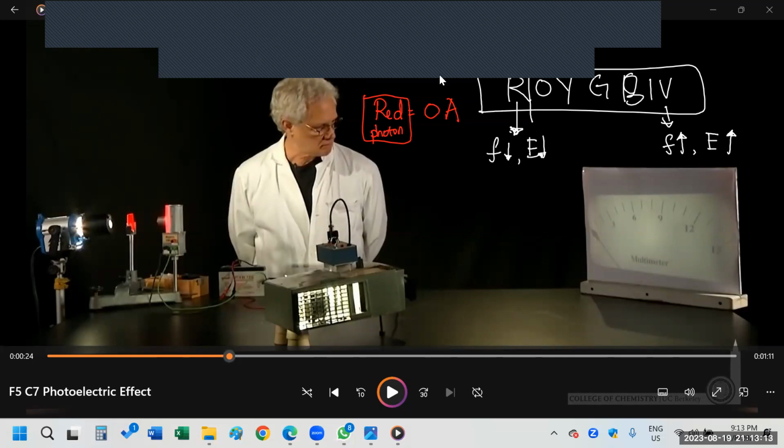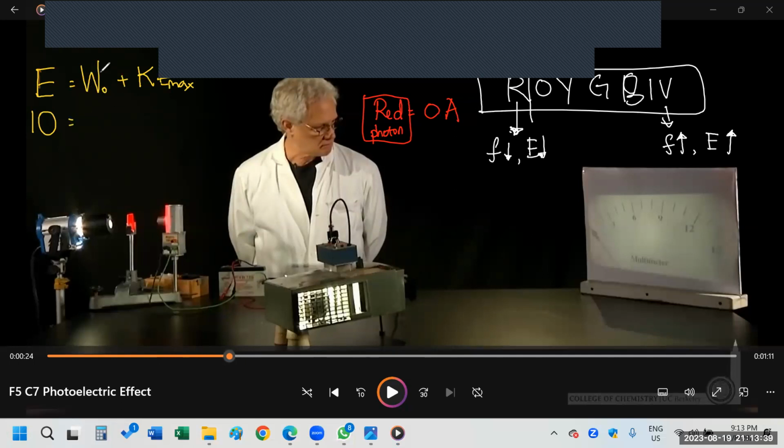So just now I said, let's say photon, the packet of energy, equals work function plus KE max. Let's say the photon energy for yellow is 10.